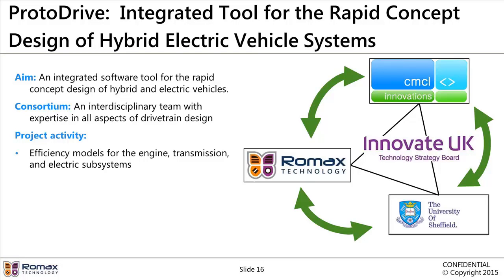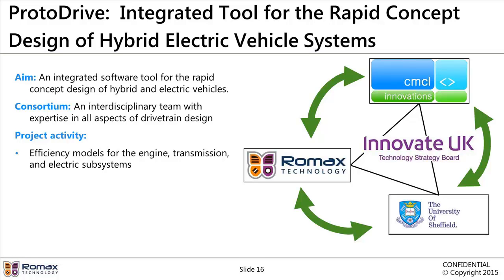This project is an evolution of the simulation methods that I've already described. Rather than just taking component efficiency maps as an input to the simulation, in ProtoDrive we have developed our own component efficiency models for the engine, transmission, electric machines, battery and power electronics.